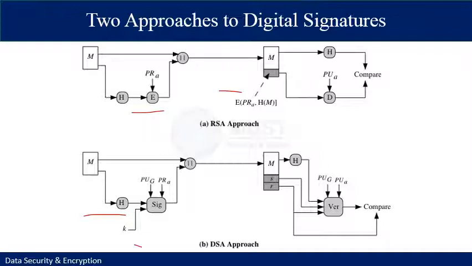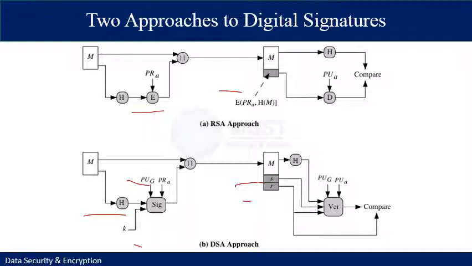The signature function also depends on the sender's private key PRa and the set of parameters known to a group of communicating principals. We can consider this set to constitute a global public key PUG. The result is a signature consisting of two components labeled as S and R, along with the message M.